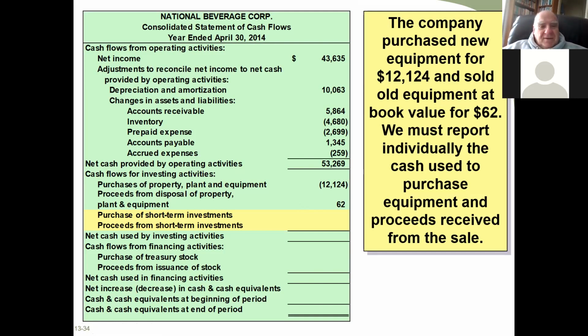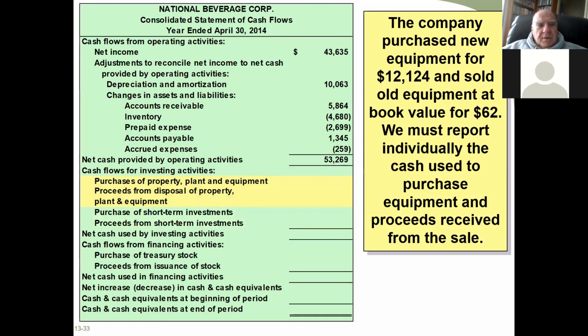Would you agree? And if you sell something, that's a positive cash flow. So with investing and financing, you don't have to worry about this sign control business, okay? So that's the detail on the investing portion attributable to the equipment.